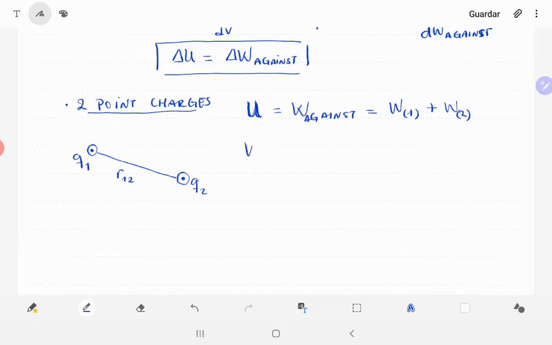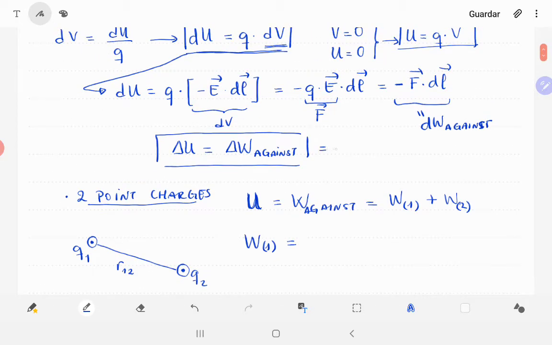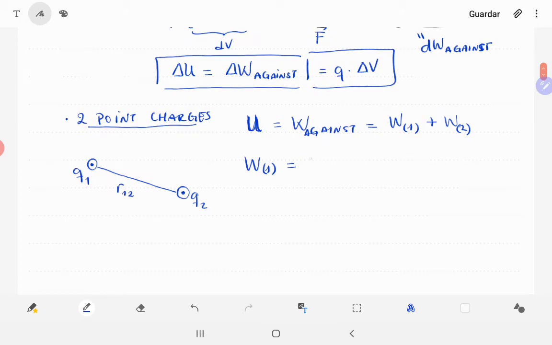So let's focus on the first charge. We bring the first charge, and this work against the field is going to be equal to Q times the change of electric potential. So we begin by bringing Q1, and the final potential is V at 1, and the initial potential is V at infinity, because remember that before we brought them, they were both at infinite distance.